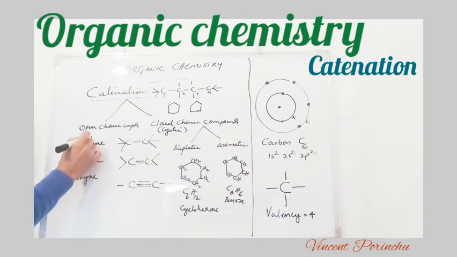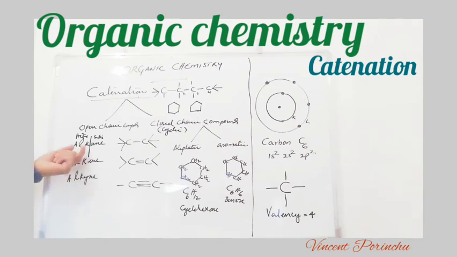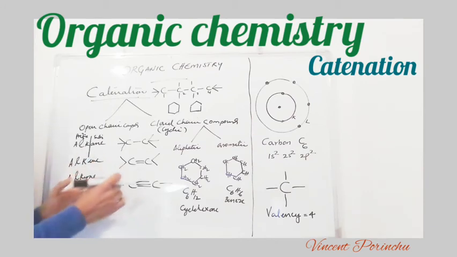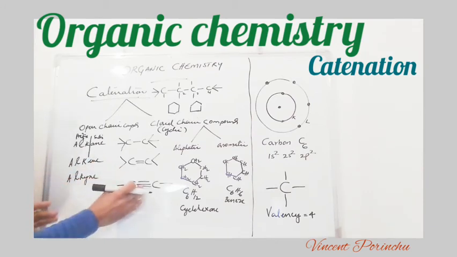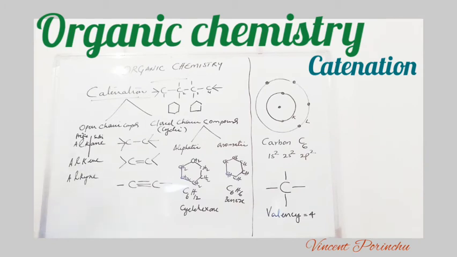The first part is known as a prefix, and the second part is known as a suffix. So ALK-ANE. Here ALK-ENE means carbon-carbon double bond compounds. And the third type of hydrocarbons are alkynes, which contain a triple bond. These groups of compounds we will discuss at a later stage in detail.